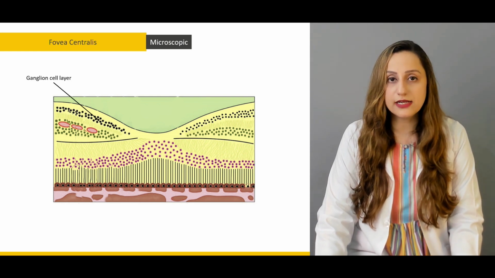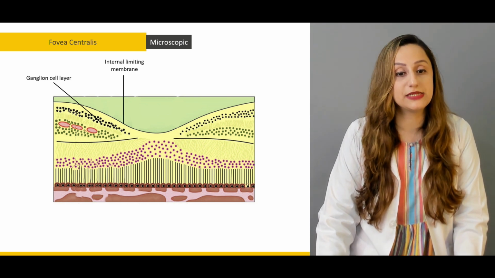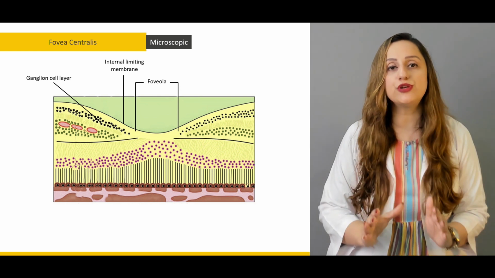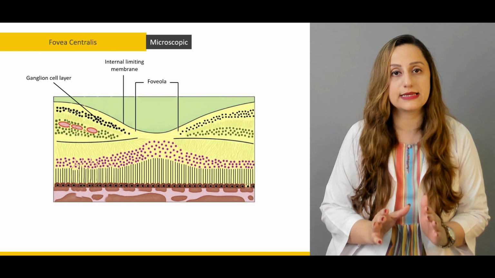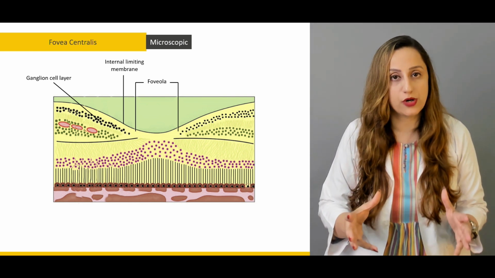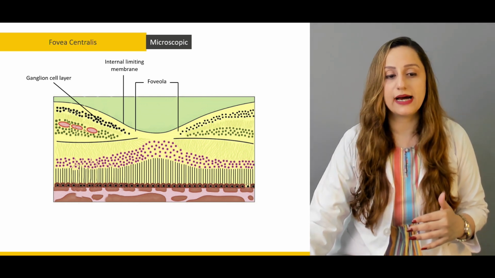We have the ganglion cell layer located over here, and then we have the internal limiting membranes located over here. This most central portion of the fovea centralis is basically known as the foveola when we talk about it.